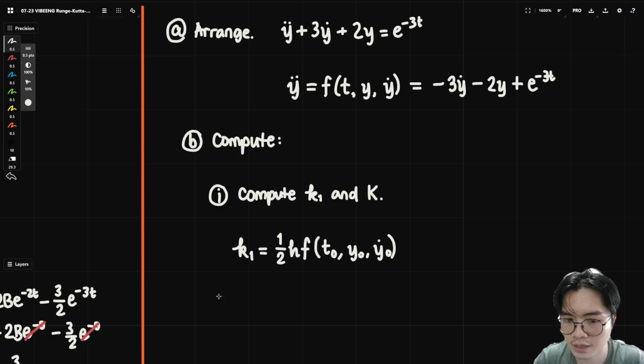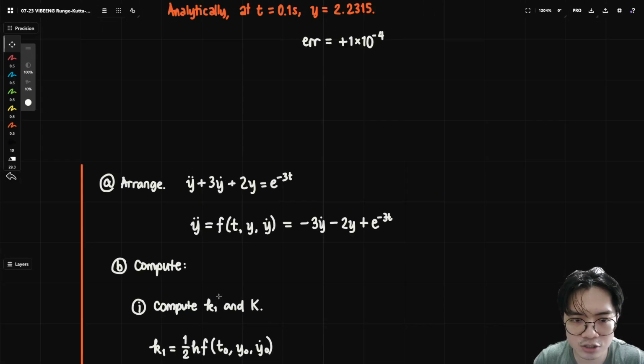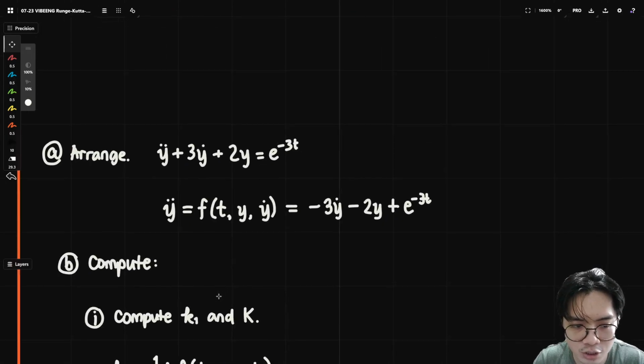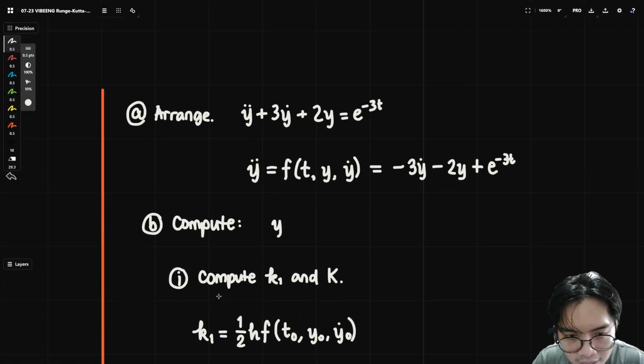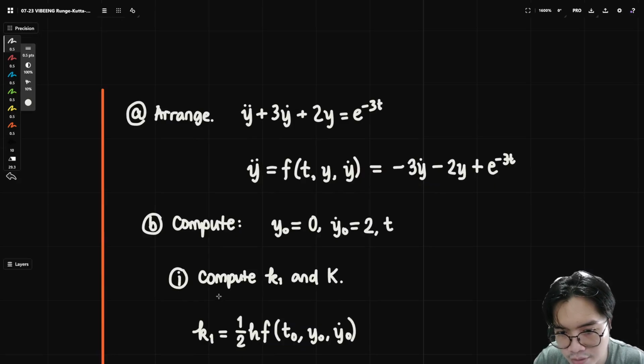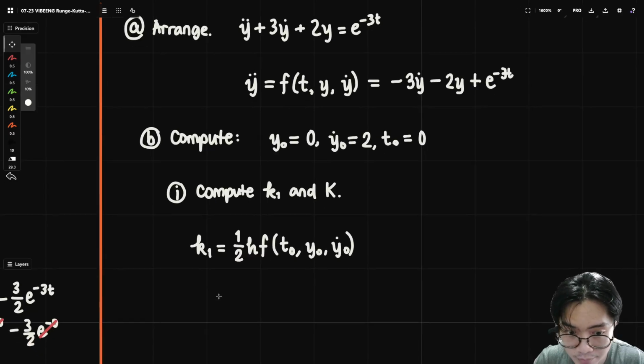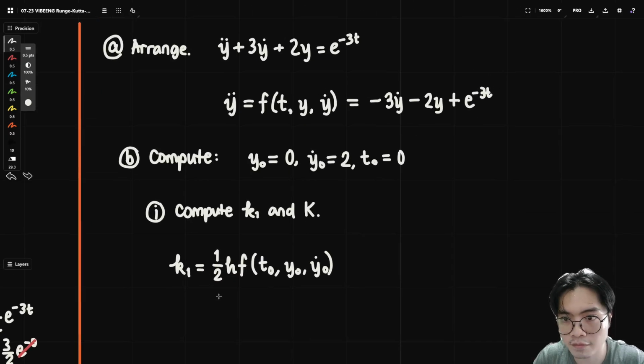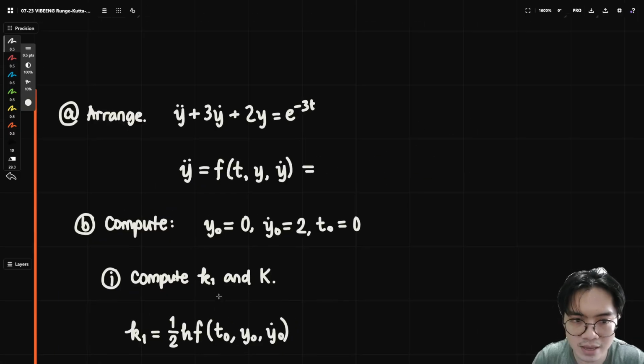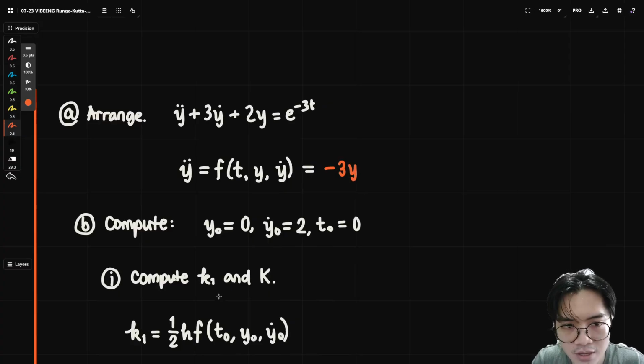So, let's just put in here our initial conditions. Let y0 is equal to 0, your y dot 0 will be equal to 2, and your t0 is just 0. So we will go off of this function: negative 3y dot minus 2y plus e raised to negative 3t.